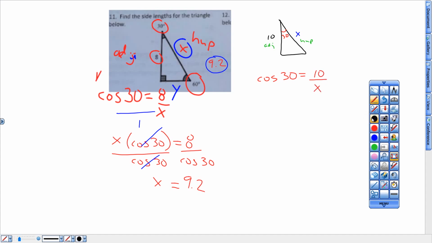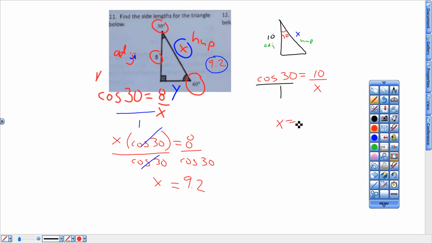And now the trick is, that first one I gave you right here was super easy because all you had to do was cross multiply and that was the answer. But this one's a little harder. So I want you ladies to try to get this answer for x, because you need to know how to solve one.